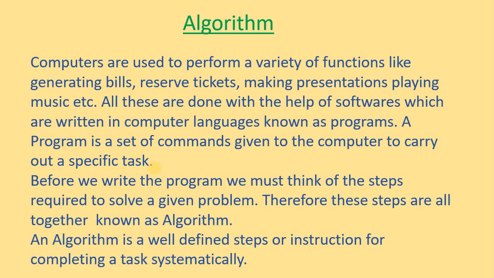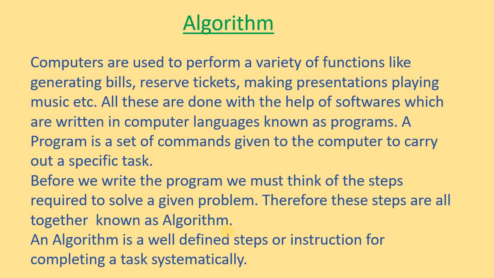Before we write the program, we must think of the steps required to solve a given problem. Therefore these steps are all together known as an algorithm. Writing a program must be easy for a person if he knows the steps. A program is nothing but the steps required to solve a given problem.